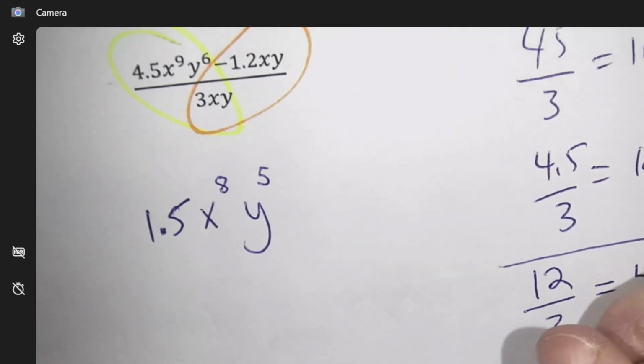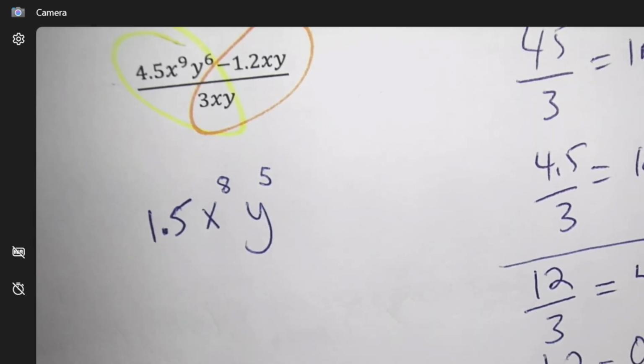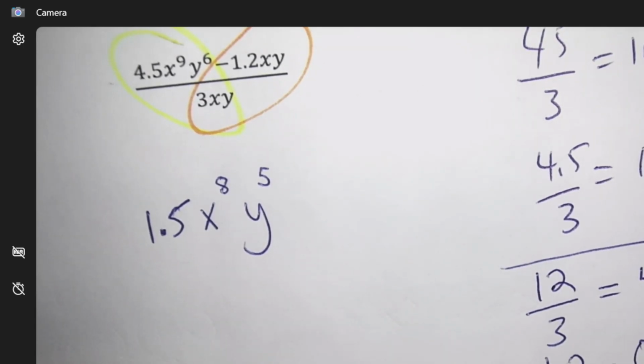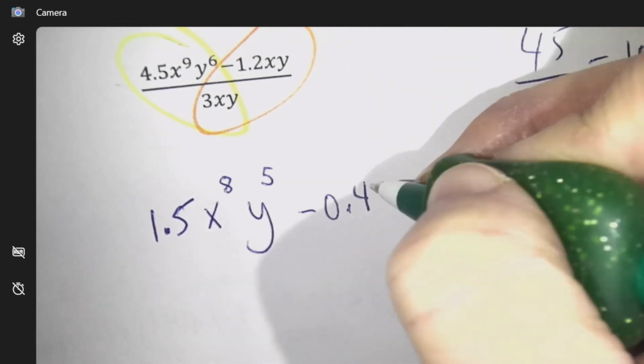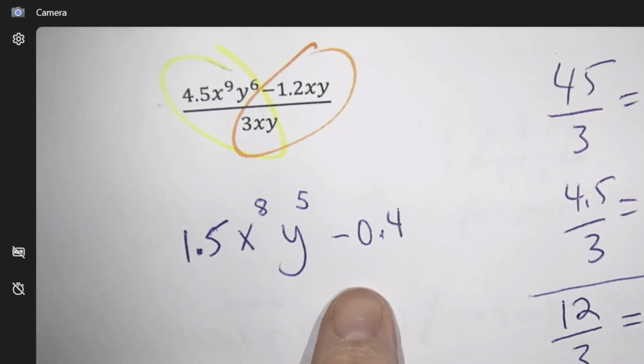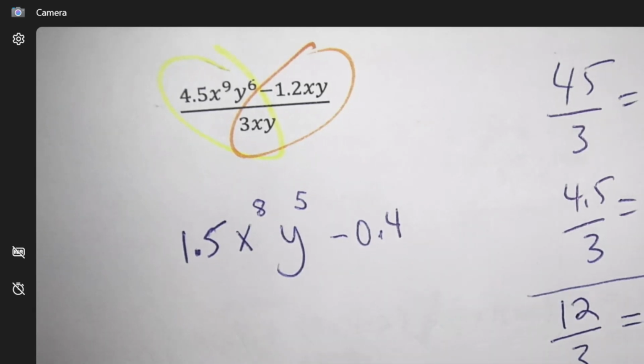So what's 1.2 divided by 3? 0.4. Okay? Is there any variables on that? No. They canceled out.